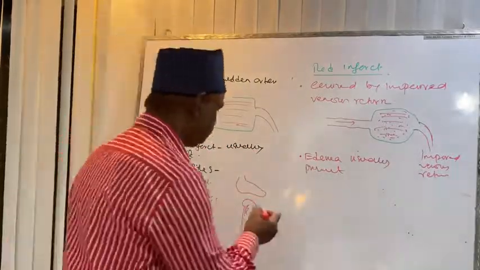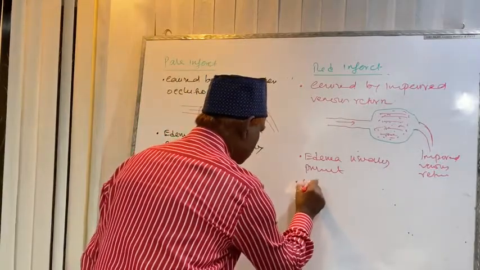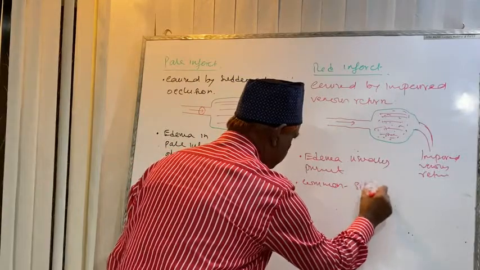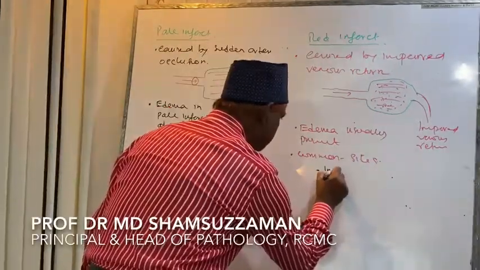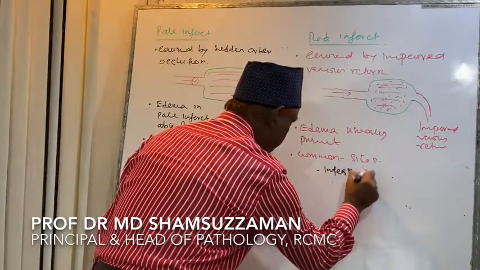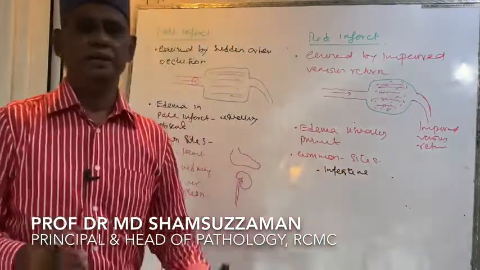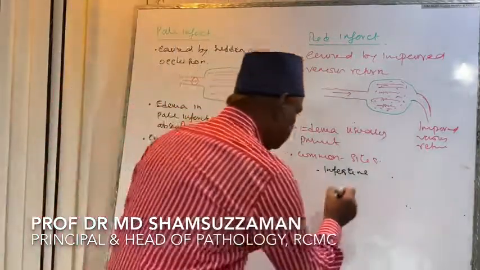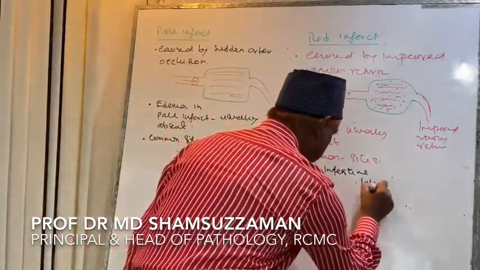As there is impairment of venous return, there is stasis of blood in the capillaries in the tissue. Due to stasis of blood in the capillary of the tissue, there is increased hydrostatic pressure in the capillary. So, there will be transudation and there will be edema. So, edema is usually present in red infarct.